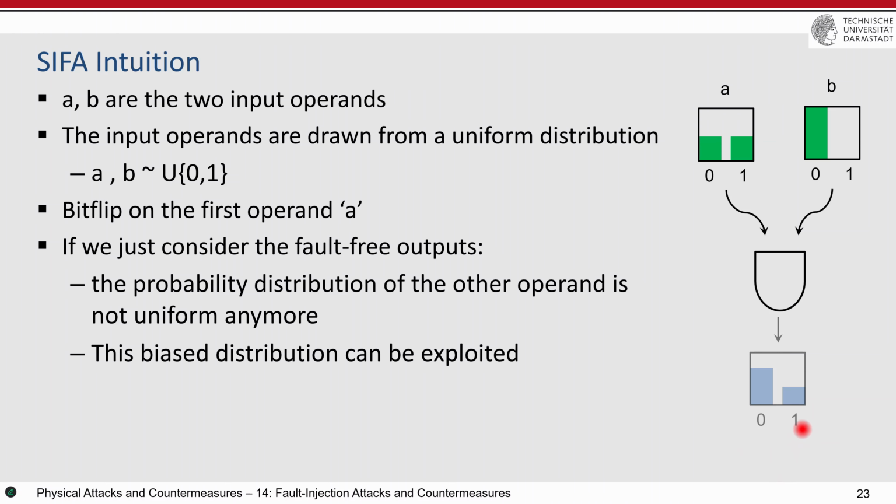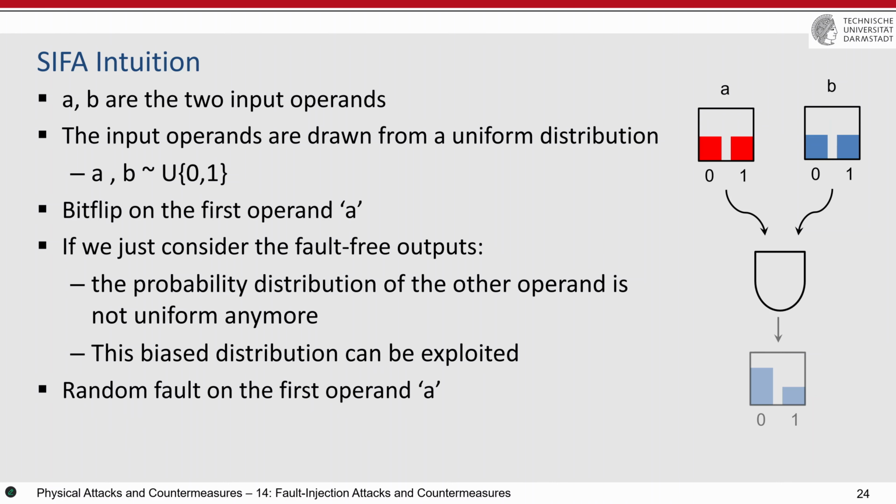Then all of those which were 1 will become 0. But then all of them which were 0 will stay also 0. Why? Because they were 0 because of B, for example, and they also stay 0. It doesn't matter if we flip A or not. Then it means that if we flip A and we look at the output and we see the output is not faulty, we know that B was 0. And this biased distribution actually can be exploited.